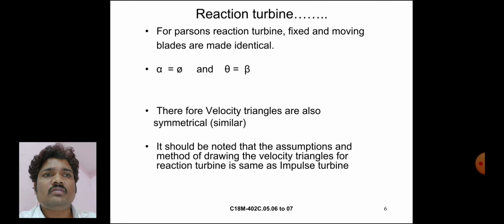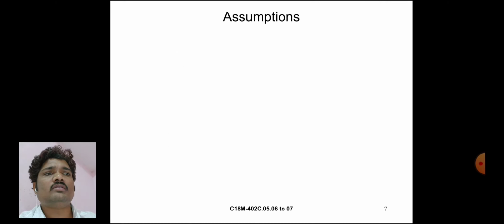Therefore, velocity triangles are also symmetrical, similar. It should be noted that the assumptions and methods of drawing the velocity triangle for reaction turbine are the same as for impulse turbine.